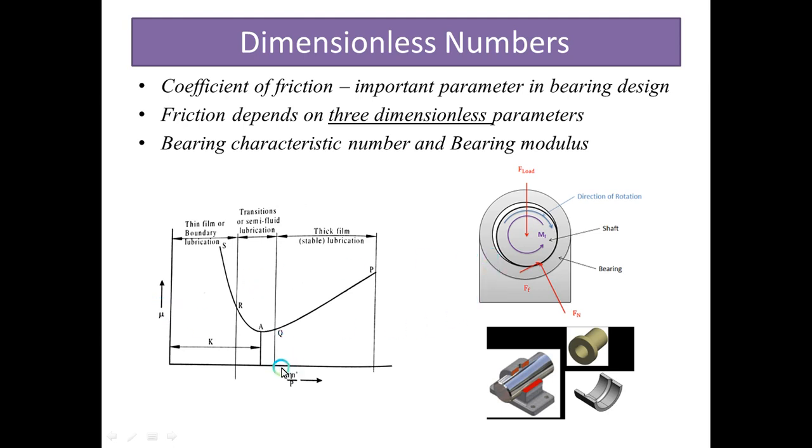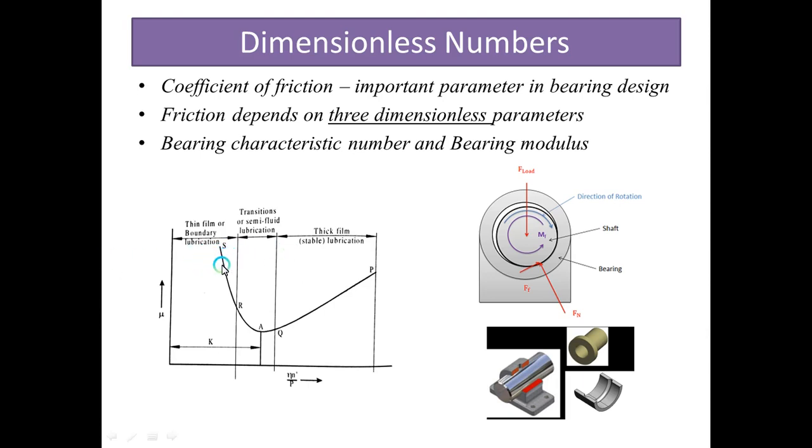So by using the bearing characteristic number, you can calculate the friction, and also distinguish the friction based on this value. As you can see in this figure, we have three regions. Initially the friction is high because there is metal to metal contact at rest.